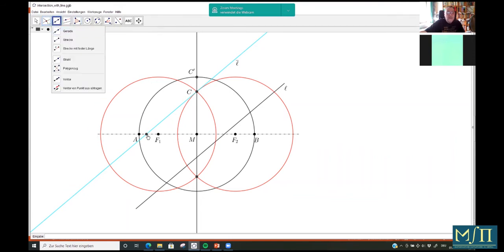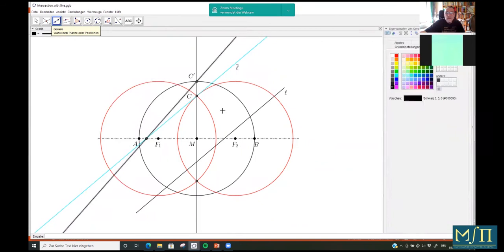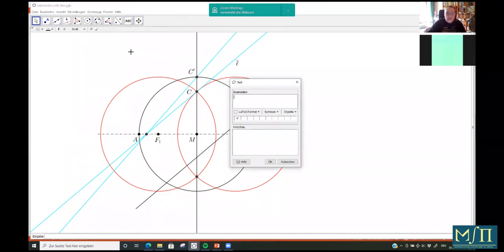So that means that it maps to this line here, which once again, I will make this color. And this being the map of L bar, I'm going to call it L bar prime.